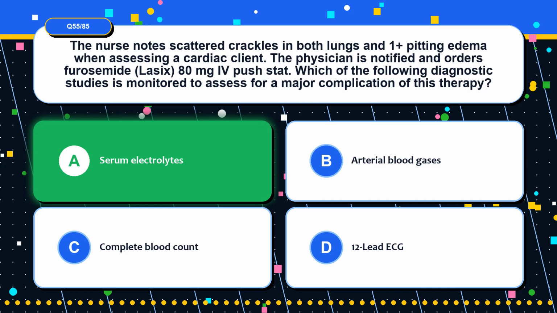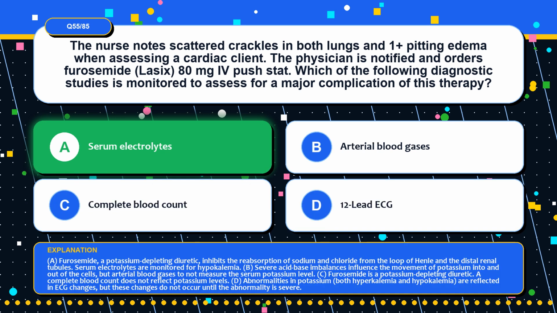The correct answer is option A. Serum electrolytes. Furosemide, a potassium-depleting diuretic, inhibits the reabsorption of sodium and chloride from the loop of Henle and the distal renal tubules. Serum electrolytes are monitored for hypokalemia. B. Severe acid-base imbalances influence the movement of potassium into and out of the cells, but arterial blood gases do not measure the serum potassium level.